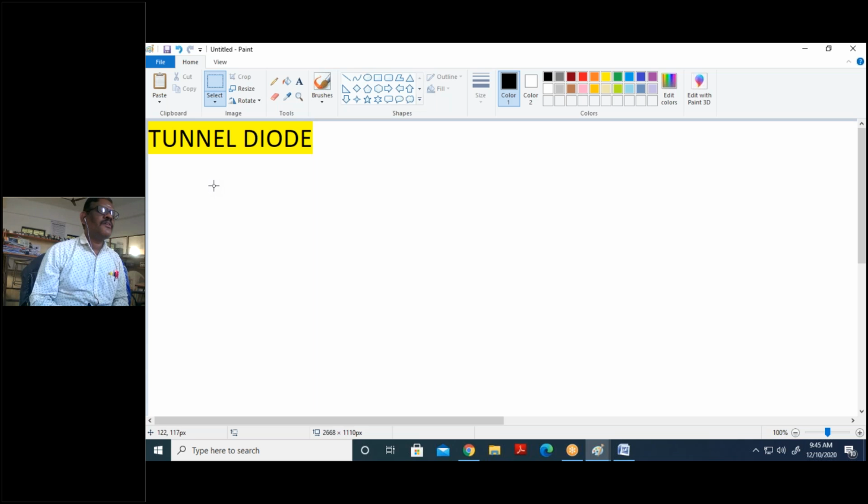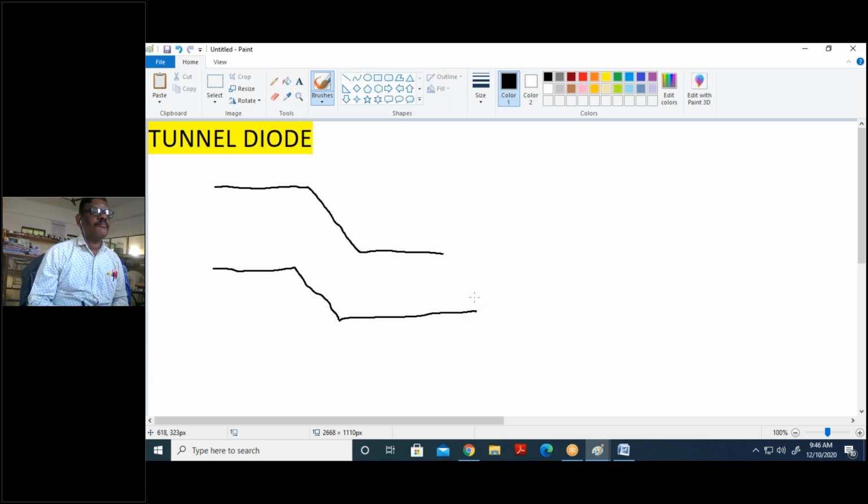Okay, tunnel diode has 3 layers. This is P-type material. Here N-type material.